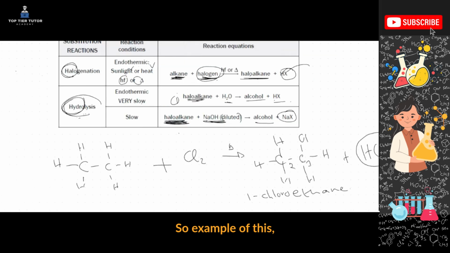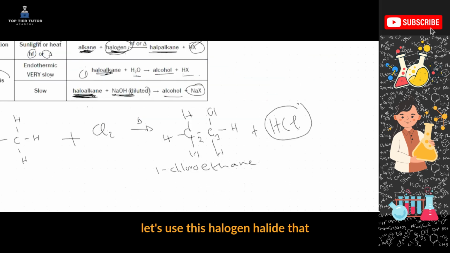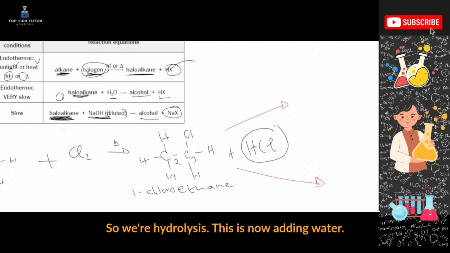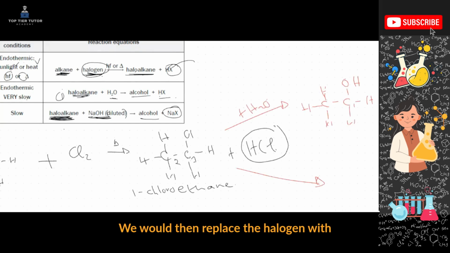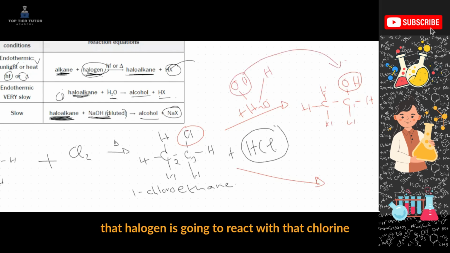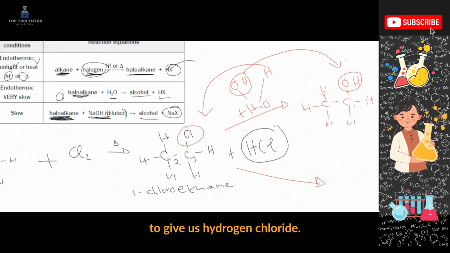So for an example of this, let's use the haloalkane that we had from the other reaction. If we go via hydrolysis, this is now adding water. We would then replace the halogen with a hydroxide. Now, because water is made up of a hydroxide and a hydrogen, we know that the hydroxide is going to go there. Therefore, that hydrogen is going to react with that chlorine to give us hydrogen chloride.